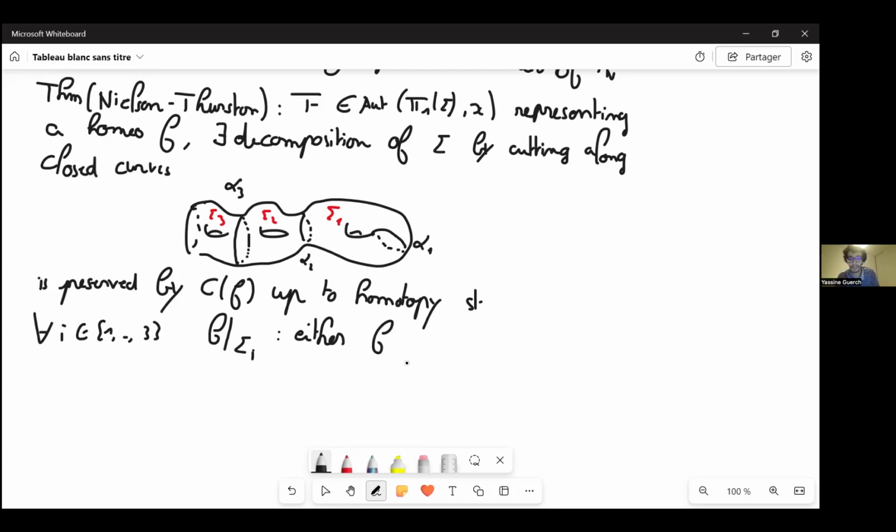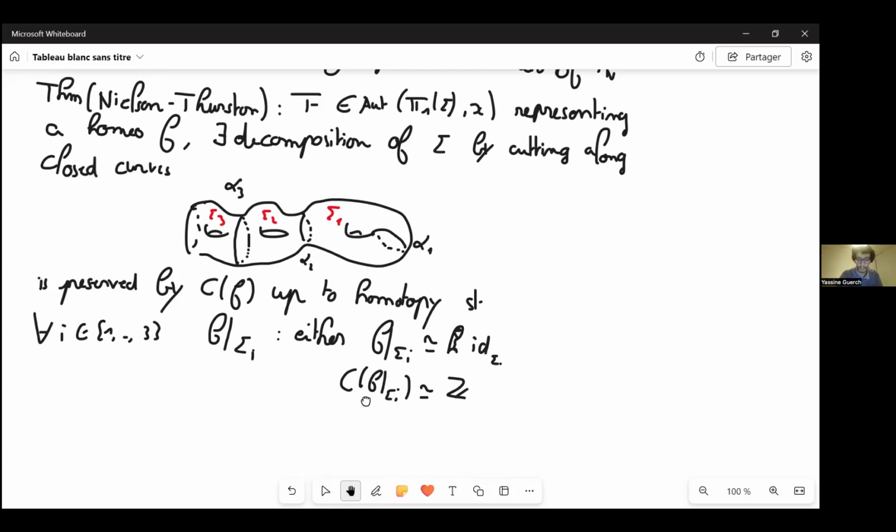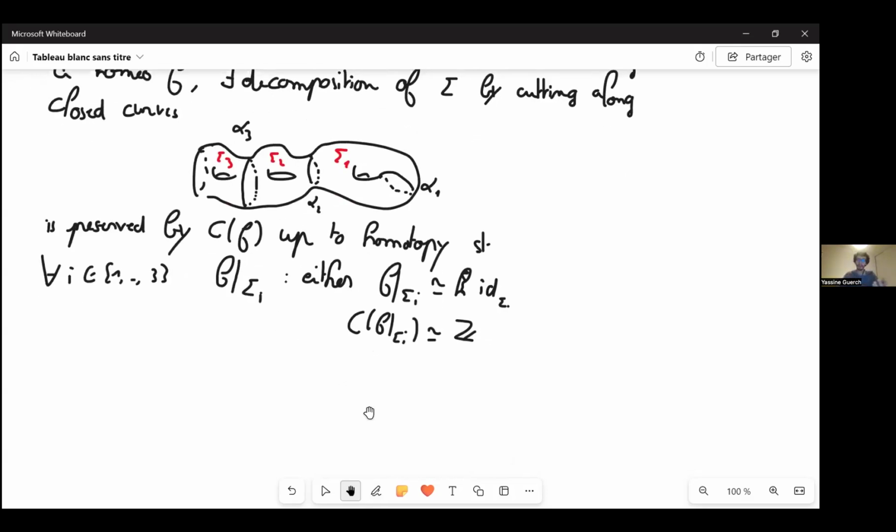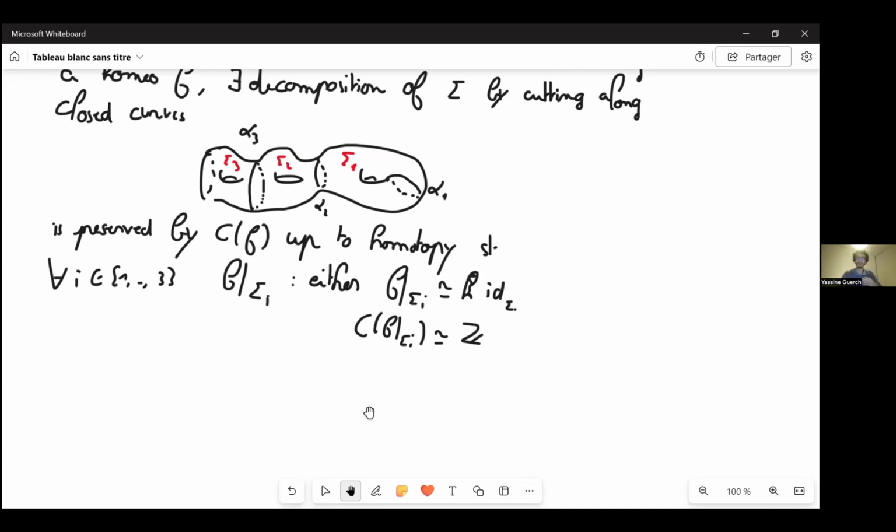Either this restriction is homotopic to the identity, or else the centralizer of F restricted to sigma i is isomorphic to an infinite cyclic group generated by the element F. So what you obtain is a decomposition of your surface, which captures the dynamics of F, and the others have a chaotic behavior so that the centralizer should be very small, namely restricted to the element itself.